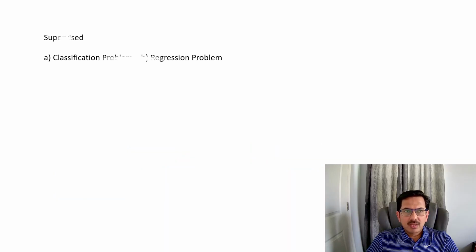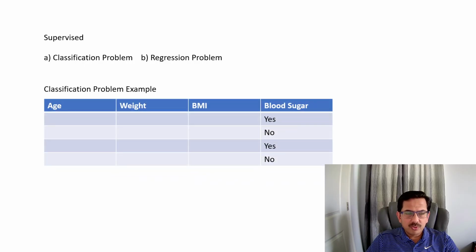Okay. Now, broadly, supervised machine learning is also classified into classification problems and regression problems. Again, because this is a very high level introduction class, we'll just give an understanding. An example of a classification problem is where you have data like age, weight, BMI, and you need to classify whether that person will have blood sugar, yes or no. That's the classification problem example.